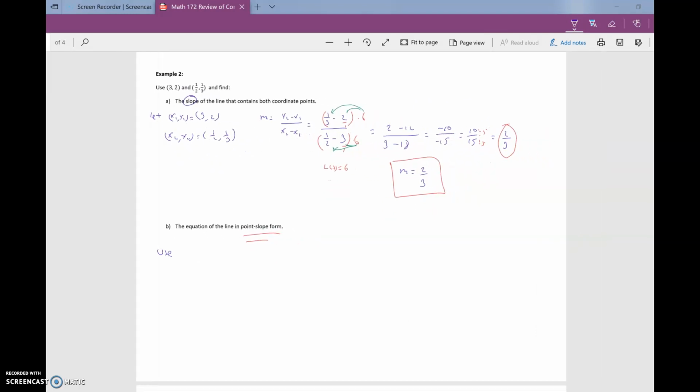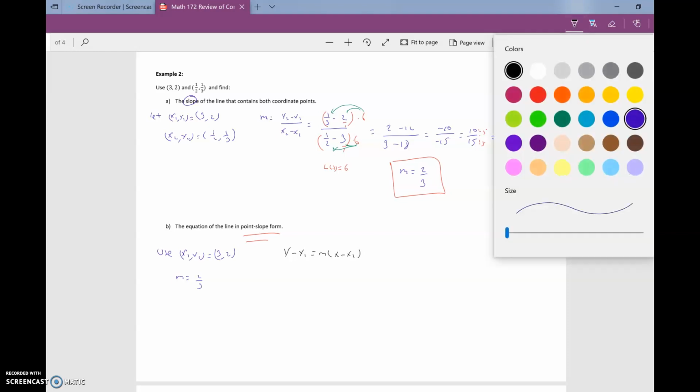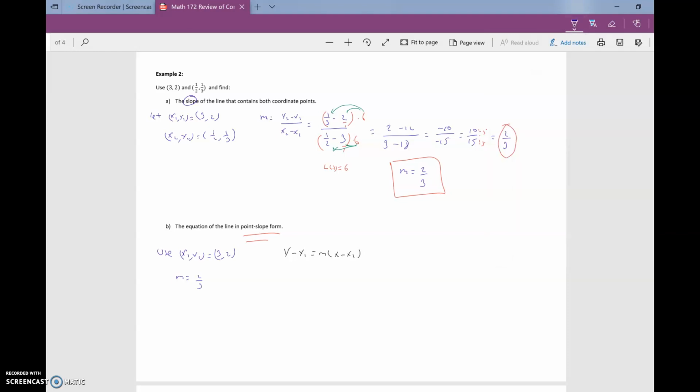So we'll be using x1 comma y1, which happens to be the 3 comma 2, and then the slope, we found that to be 2/3. So the point slope form is going to have the following format: y minus y1 is equal to m times x minus x1. So for our problem, we're just going to have y minus 2 is equal to 2/3 times x minus 3.